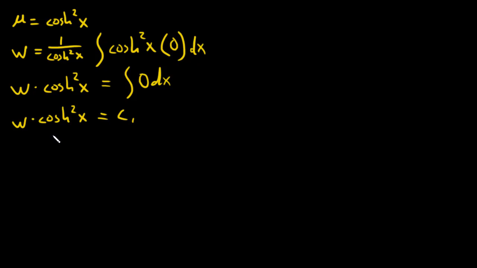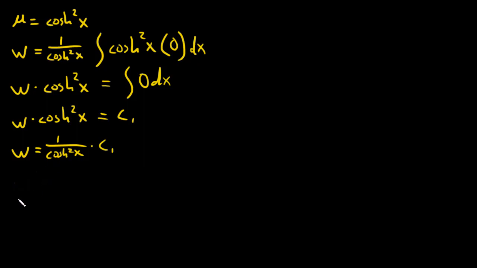So I can now say that w is equal to 1 over hyperbolic cosine squared x times c1. Okay? Now w is u prime, so I can rewrite this as u prime is equal to, actually, before I do that, let me do one thing.